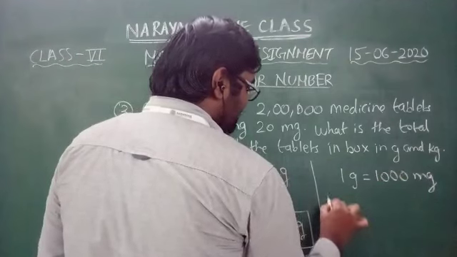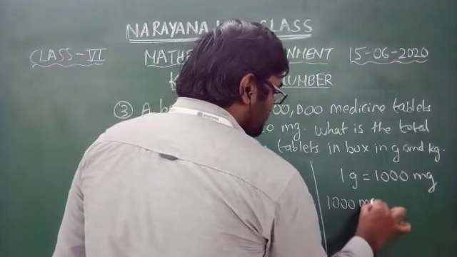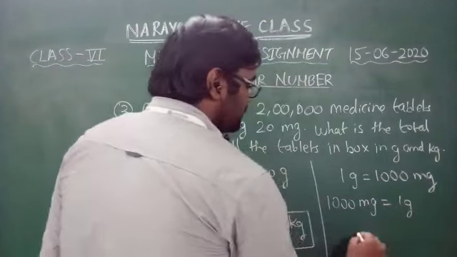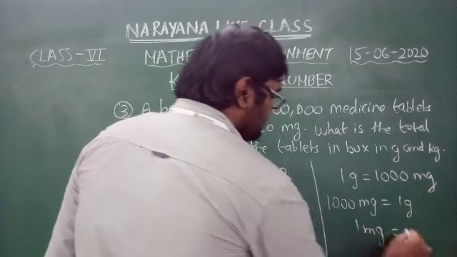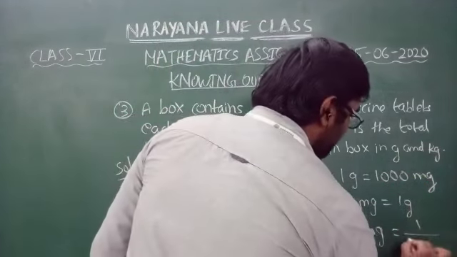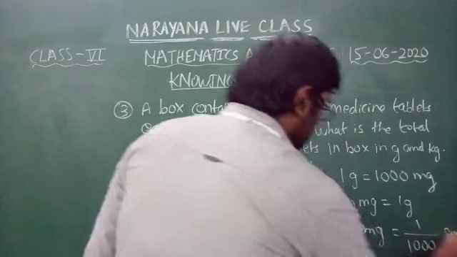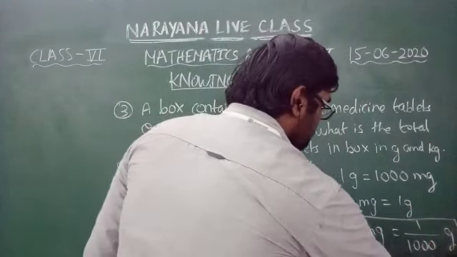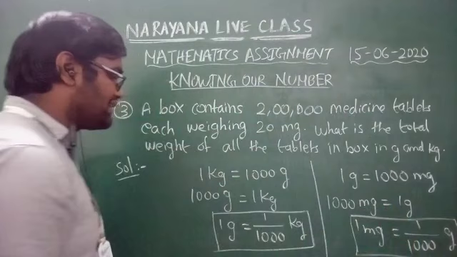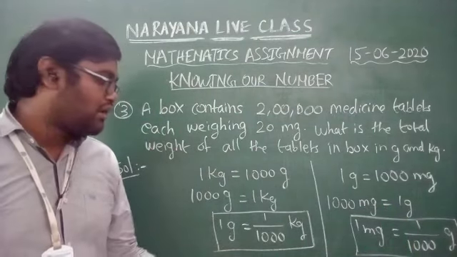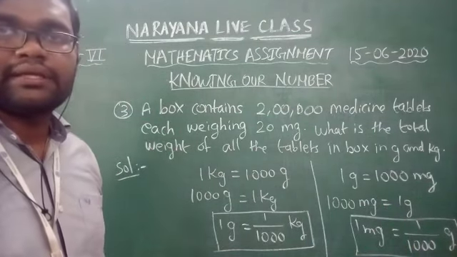And I want it in terms of milligram, so 1000 milligrams is equal to 1 gram. So 1 milligram is equal to, 1000 comes here, 1 by 1000 gram. So these two values we have to know: 1 milligram is equal to 1 by 1000 gram and 1 gram is equal to 1 by 1000 kilogram.